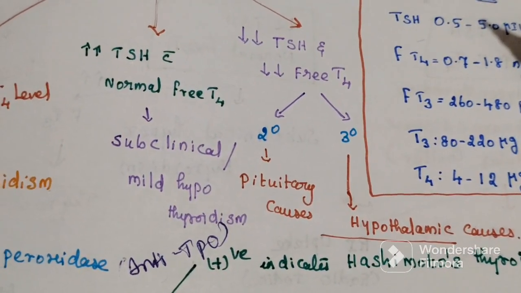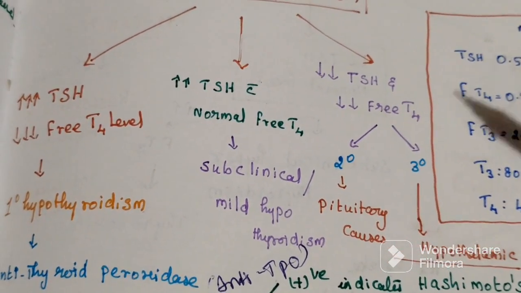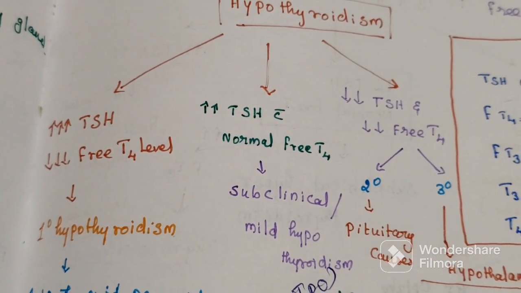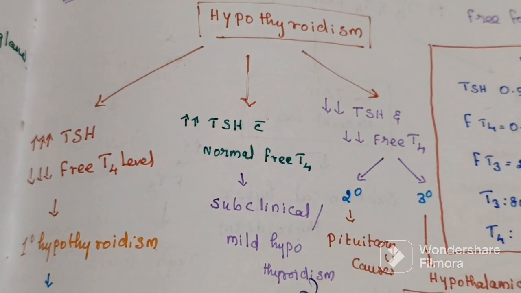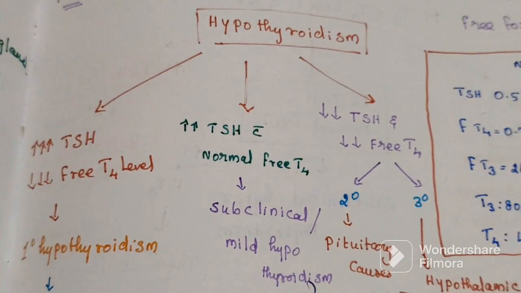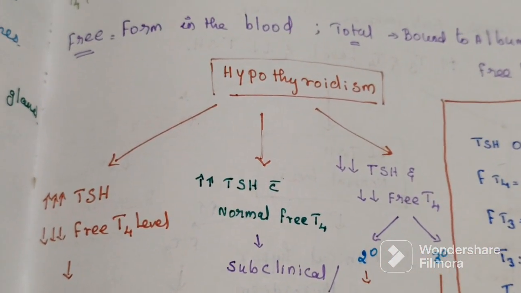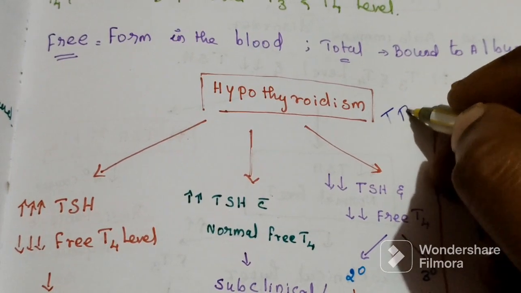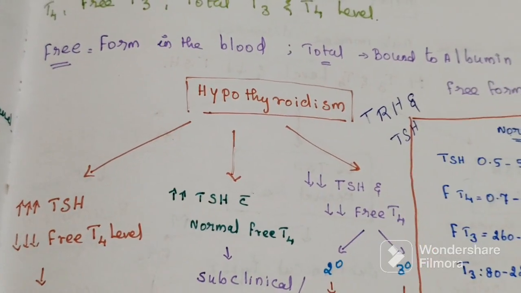To differentiate between primary, secondary and tertiary disorders, there is one test known as the TRH test. Thyrotropin releasing hormone is given, and the TSH level is measured in the blood.